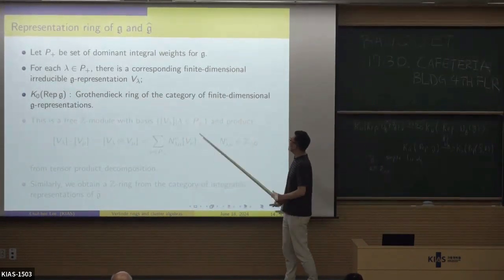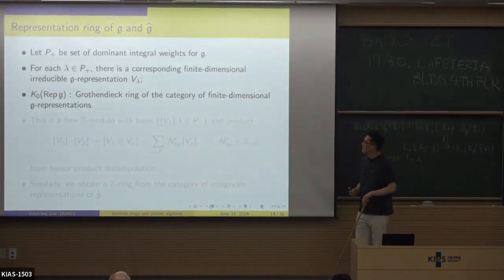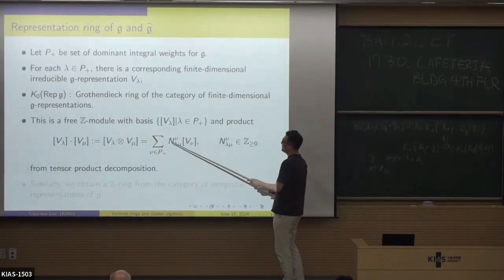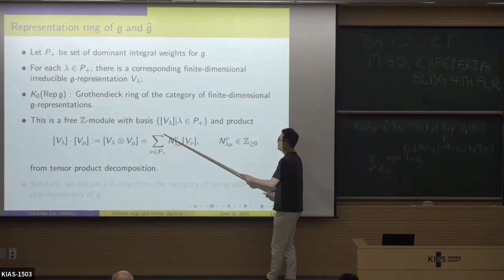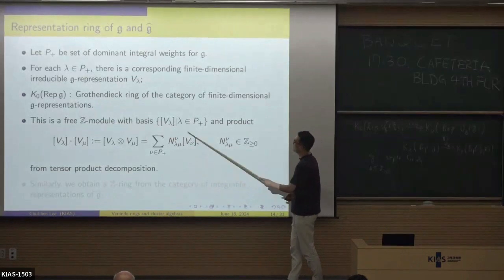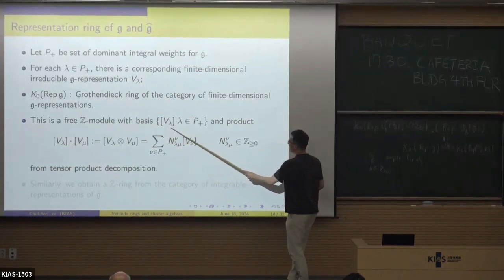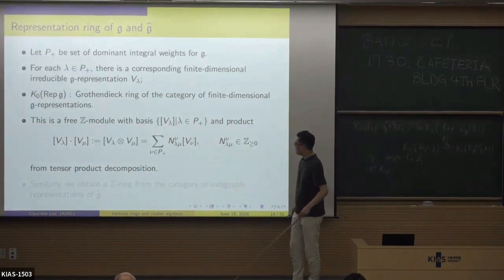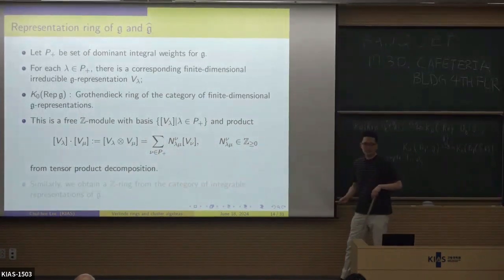Every finite-dimensional representation of the Lie algebra g can be decomposed into a sum of irreducible representations, so this ring has a basis, and the basis elements denote the classes of representations. The basis can be parameterized by this set of dominant integral weights, and the product structure on this ring is just given by the tensor product.